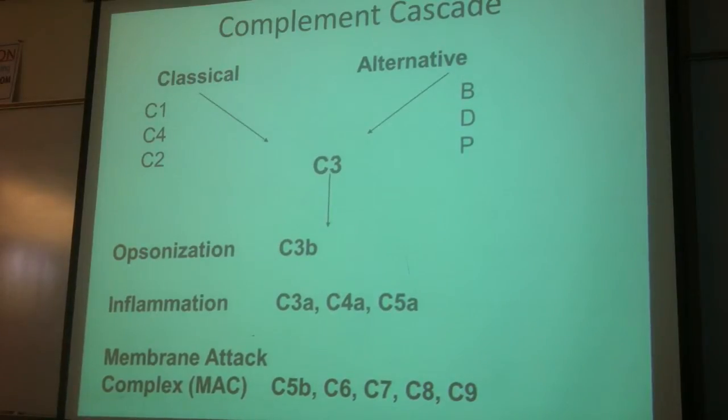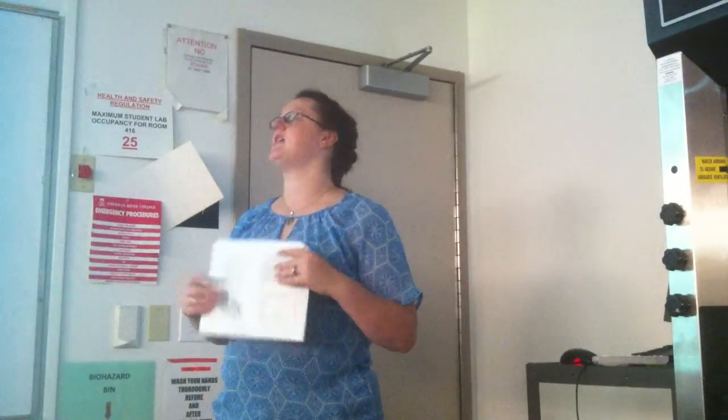Or do we already have some basic generic things for the alternative pathway? The B, the D, the P, going, okay, we have these proteins, they recognize generic microorganisms. They find their happy spot to bind, and then they will start the cascade.